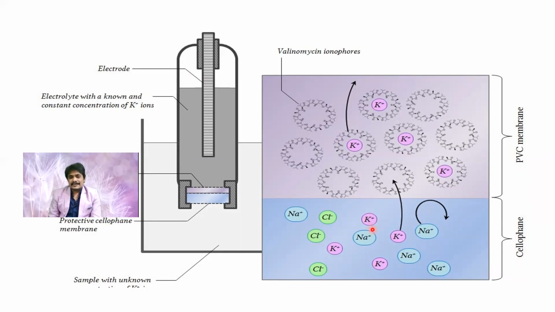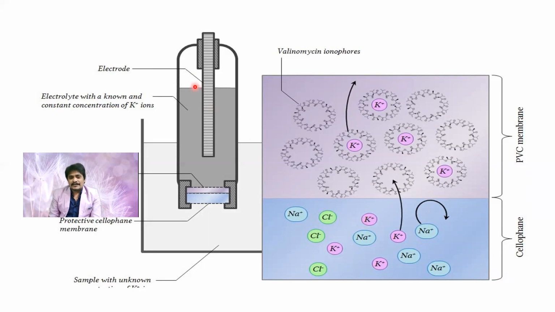So since this ion selective electrode or specific ion electrode is specific or selective only to the potassium ion, this electrode acts as a sensor for these potassium ions and senses only these potassium ions.